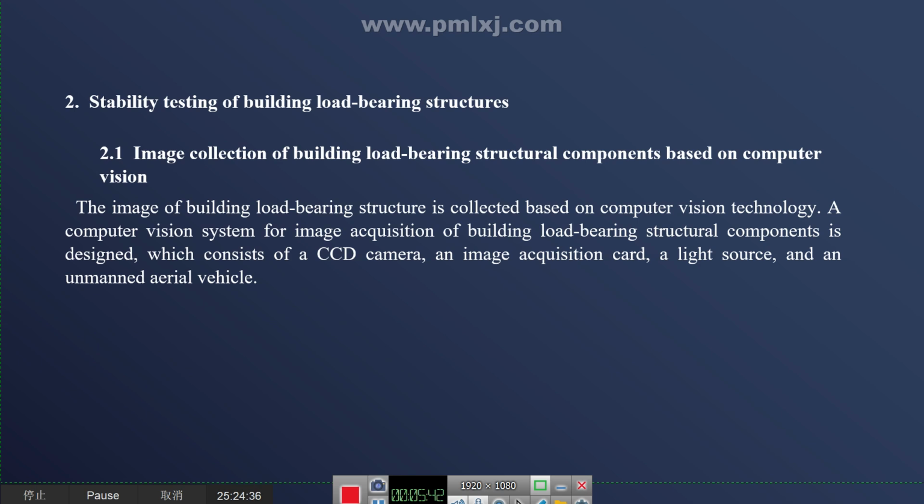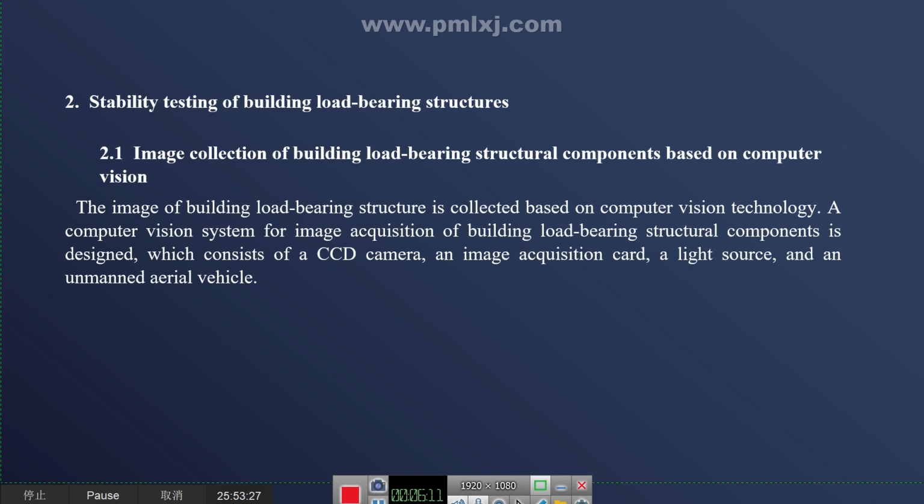2. Stability testing of building load-bearing structures. 2.1. Image collection of building load-bearing structural components based on computer vision. The image of building load-bearing structure is collected based on computer vision technology.